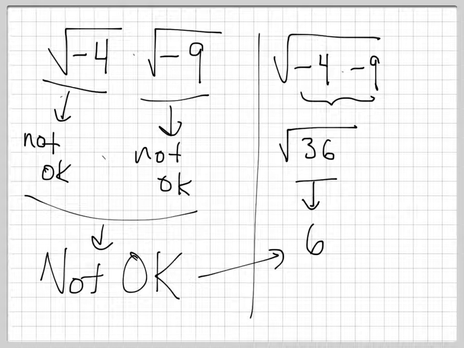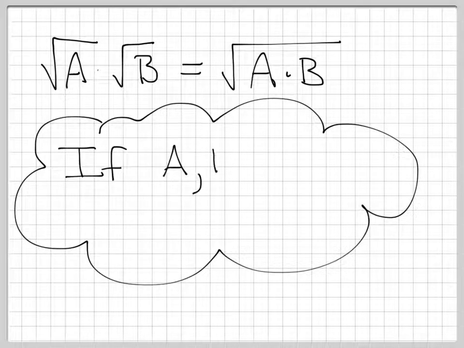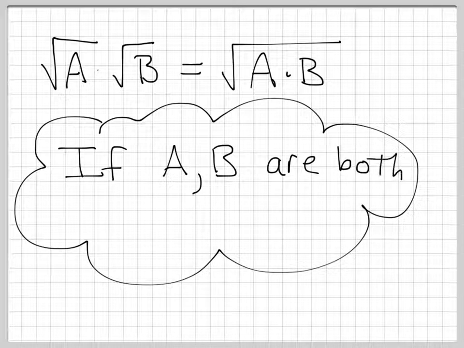But on the left, we weren't even able to calculate the two radicals, let alone multiply their results. And so the reason is that we're only able to combine underneath if what's underneath is positive. If a and b are both positive.